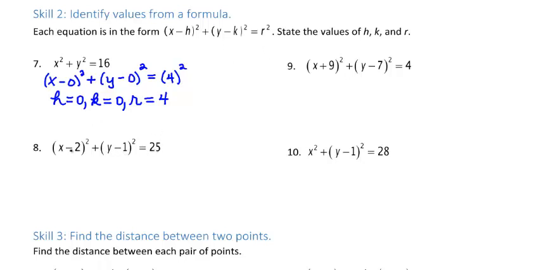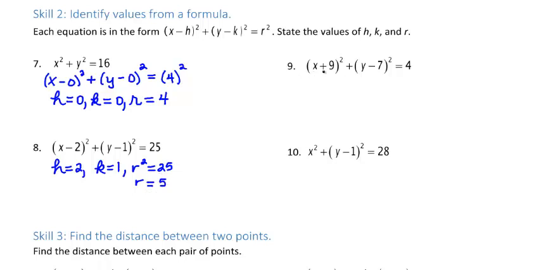So we have x minus h, that is, h is 2. Y minus k, k is 1. And 25 is r squared, so r is the square root of 25, or just 5.